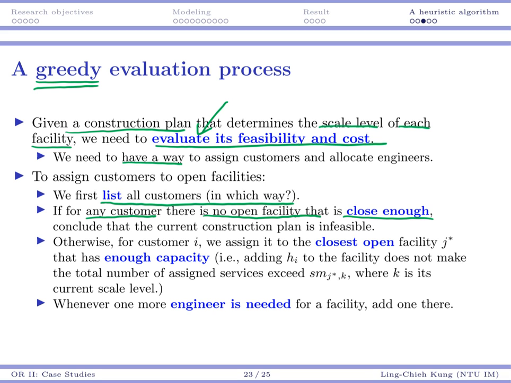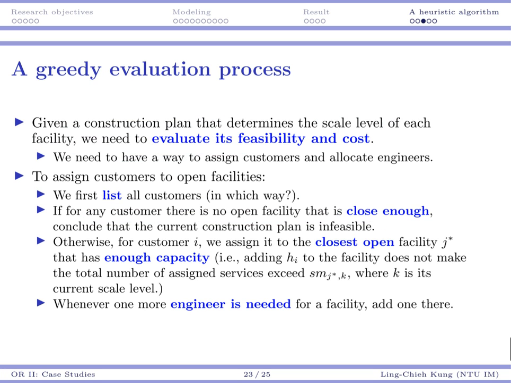Then we don't do further calculations, and we return back to the main process saying that, hey, don't do this downsizing. This downsizing is not good. So if all the customers have at least one facility to go to that is close enough, then that is feasible, and for each customer, we assign it to the closest open facility that has enough capacity.